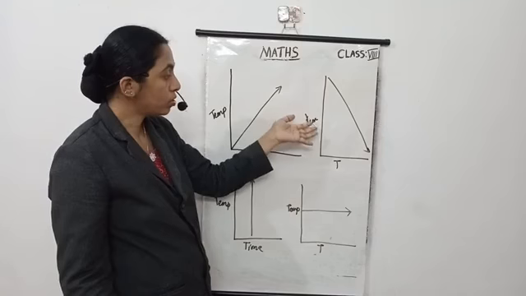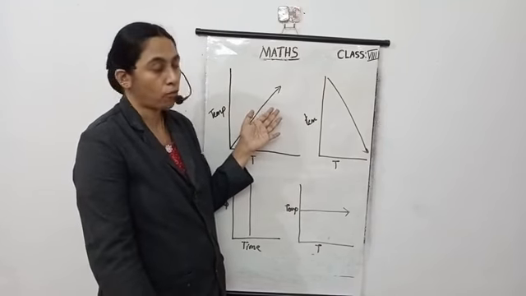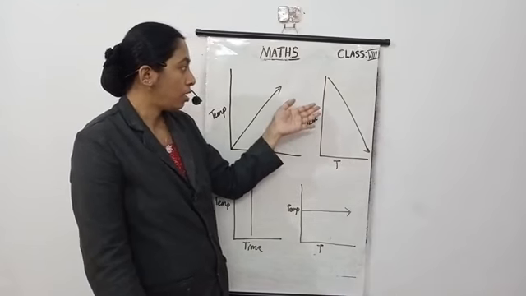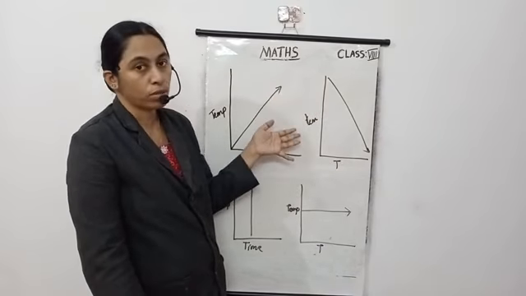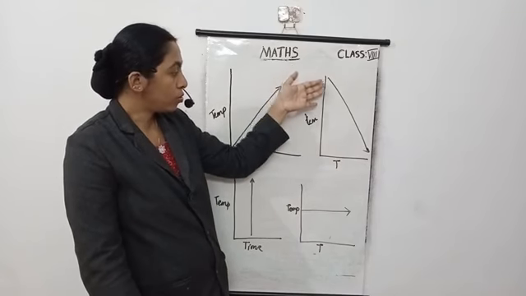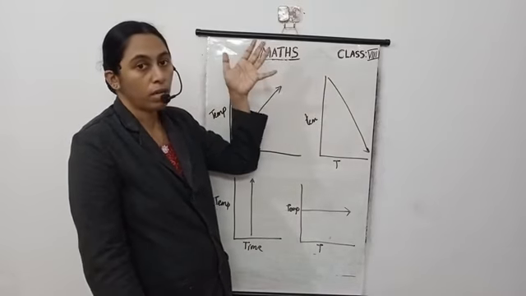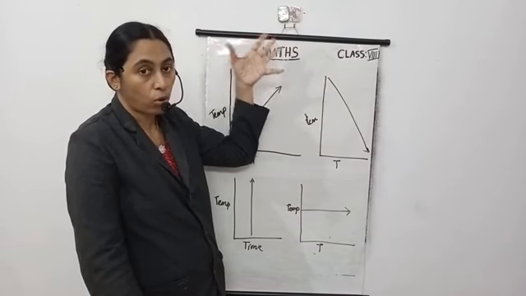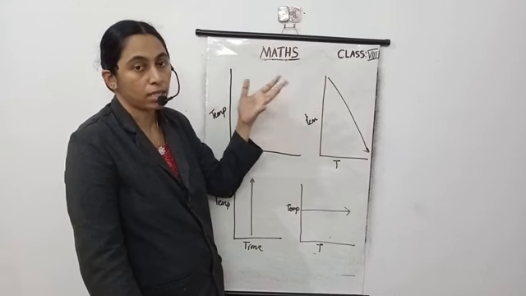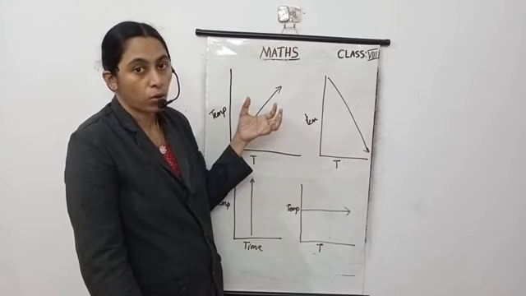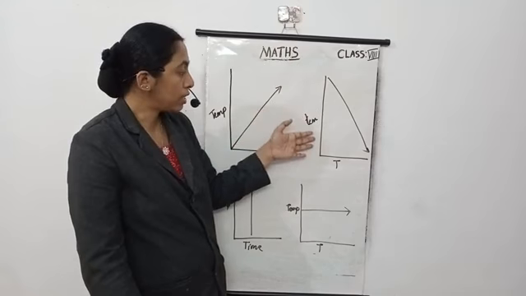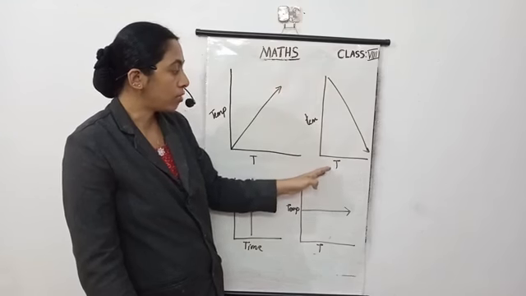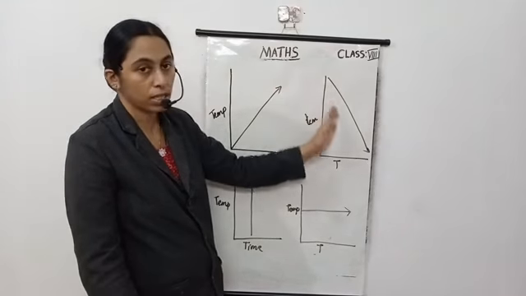Yes, this also represents a time temperature graph because here as time increases, we can say that in the afternoon, at 12 or 1 p.m., it is very hot. Then the heat decreases. In the evening the heat decreases. So we can say that this is also a time temperature graph. When time increases, temperature decreases.